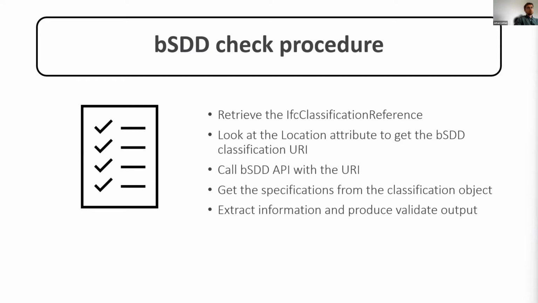And thanks to this URI, you can call the bSDD API and get a JSON object that represents the classification in the bSDD. And then you can get the specifications from the classification object, which are stored, as we'll show you later, in the classification properties key. And you can, at the end, extract information and produce a validation output.